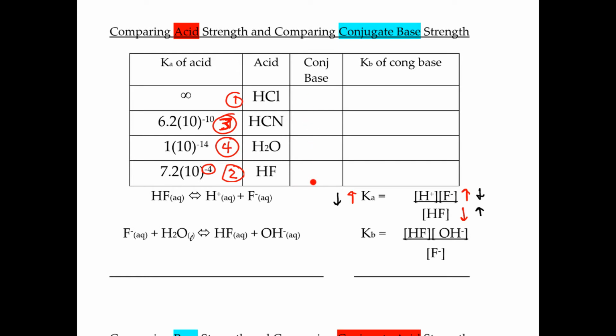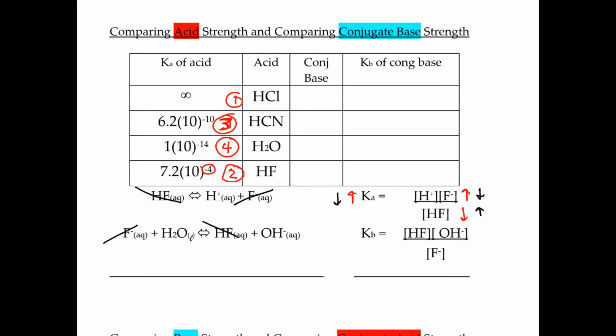All right, now let's talk about the conjugate bases. In order to understand this, let's go back to our reaction, and let's see if we add these two equations, which reactants and products can cancel out. So you can see that the F minus can cancel out right here.